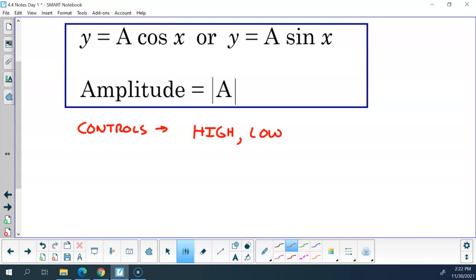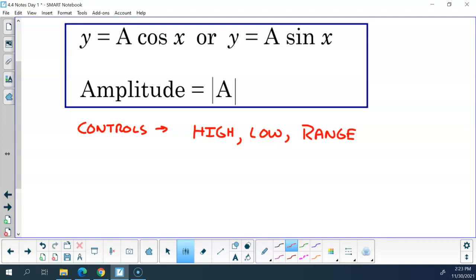It controls how low your curve goes. Which then also is the range. So that's what the A value controls.